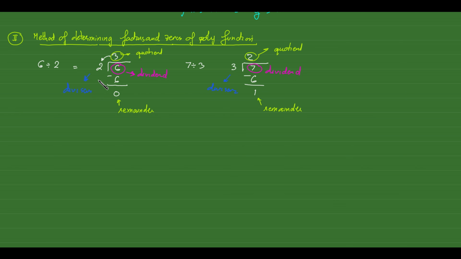Just think about it: if you divide polynomials and the remainder is 0, the quotient will be one of the factors. Over here, the remainder is 0, so the quotient 2 is a factor of 6. However, over here the remainder is not 0, so of course 2 is not a factor of 7. That is the way to use division to find a factor of a polynomial function.